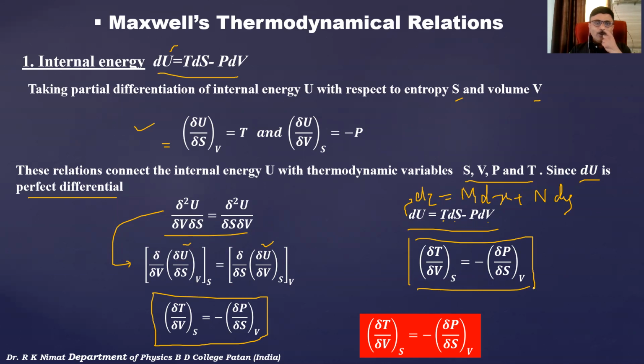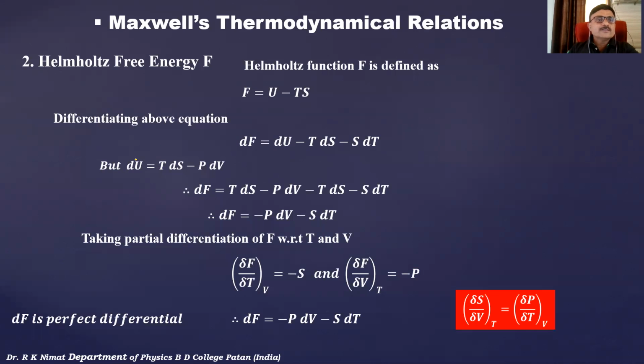Either of the two ways you can use to derive Maxwell's thermodynamic equation. Further Maxwell's equations we can derive by using this condition. So this is the first Maxwell's thermodynamic relation. It is very easy.